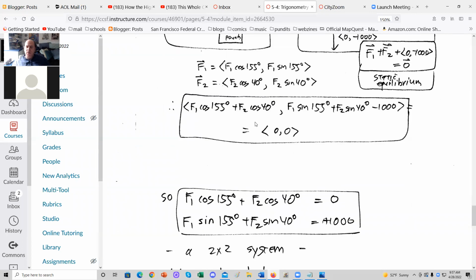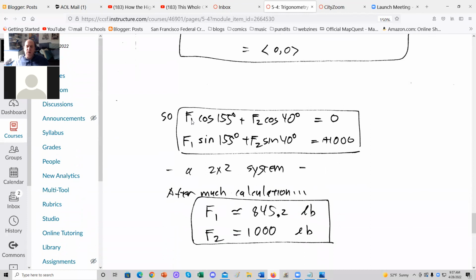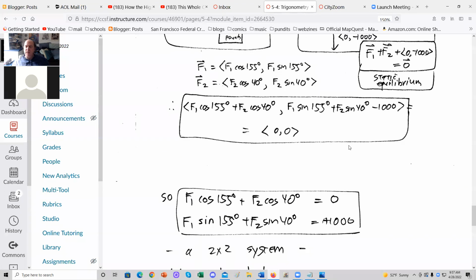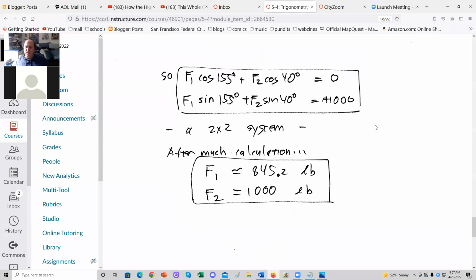All right, now these 2 components equal these 2 components. F1 cos 155 plus F2 cos 40 equals 0. F1 sine 155 plus F2 sine 40 is 1,000, positive 1,000 because minus 1,000 plus it is 0.